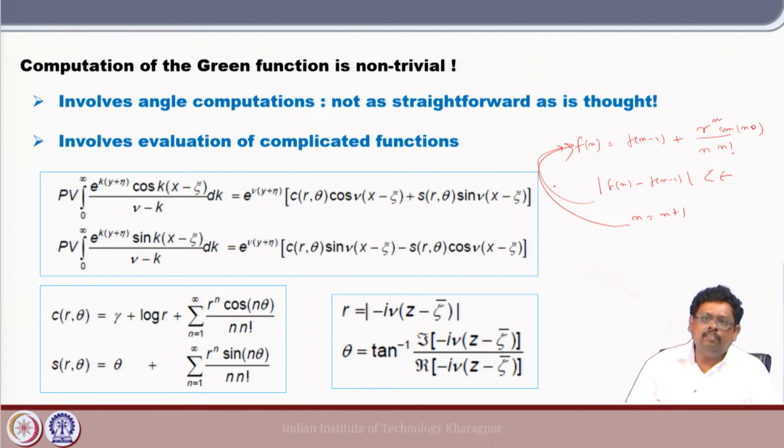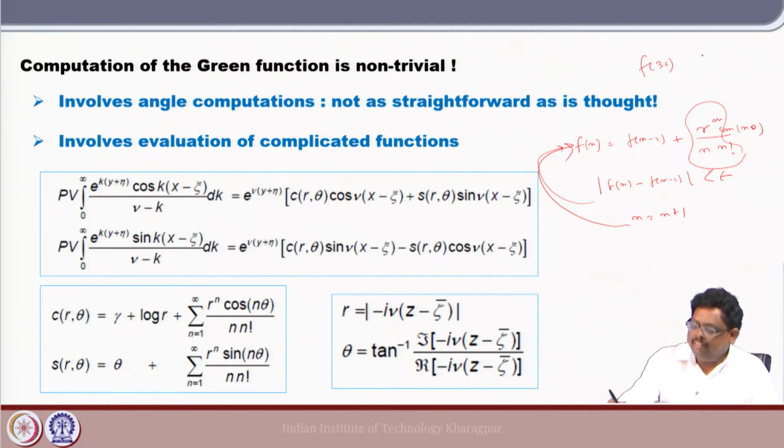Now, this is how one should write it in a simple way, but if you do that you are going to get an error. Why? Because you do not know the limit of n. Let us take n equal to 30.